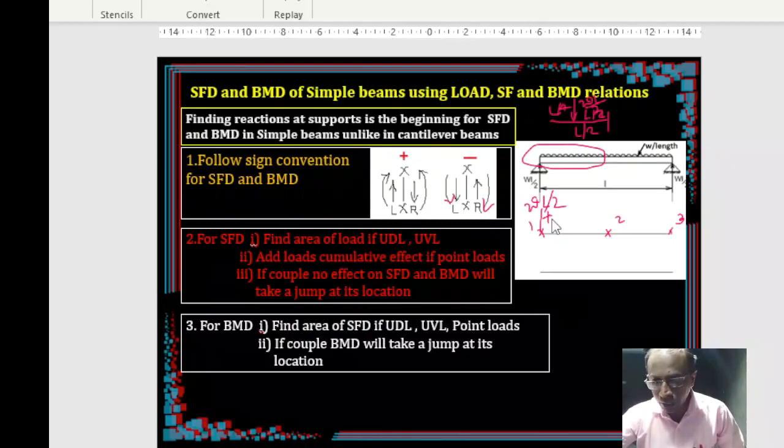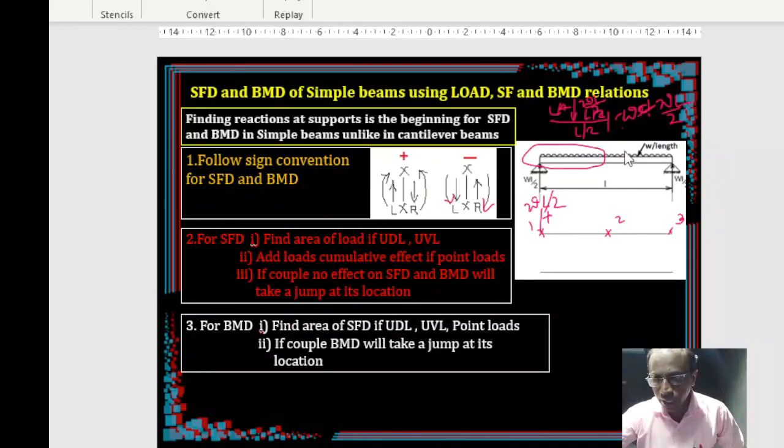Another way of saying this is, if your load is acting over a distance x, instead of directly taking L by 2, let's take a distance x. Then your shear force at that distance becomes W times x, but with a negative sign, because when you are moving from left to right, downward is taken negative. Now for this you add your WL by 2, because WL by 2 is there from the beginning. So Wx plus WL by 2.